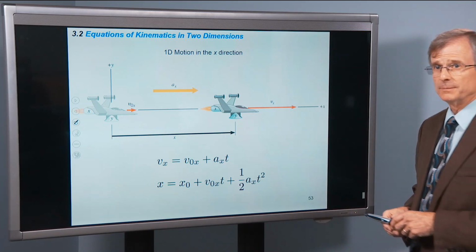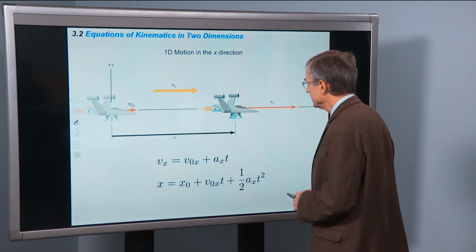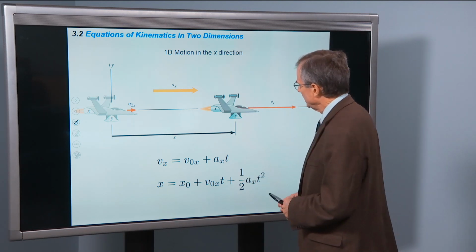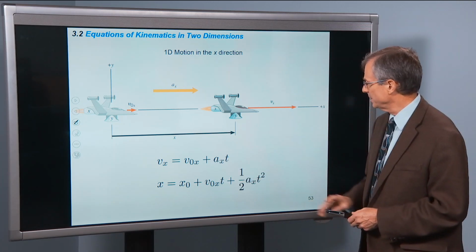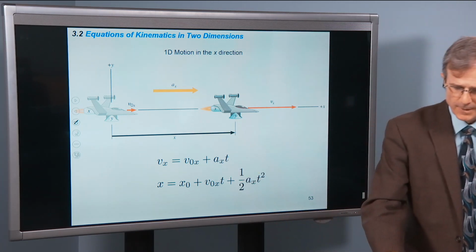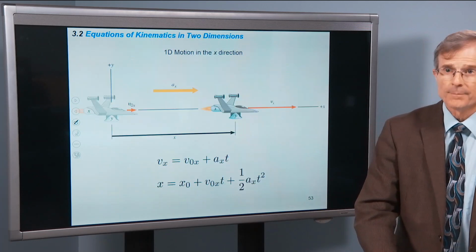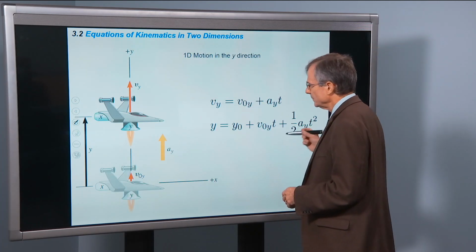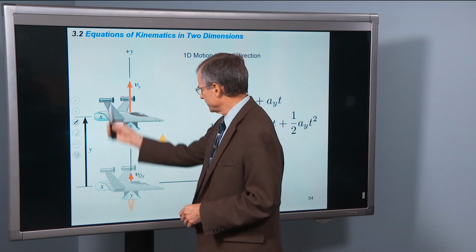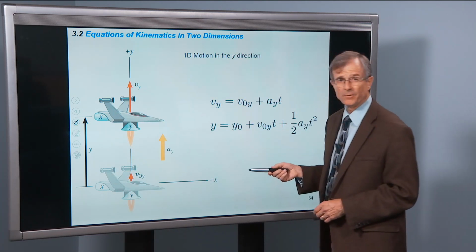Motion in one direction, in the x direction, looks like this. You've got the two equations, the velocity equation and the x equation, if he's only moving in the x direction. Well, motion in the y direction, if he's only moving in the y direction, then you've got two equations involving y.